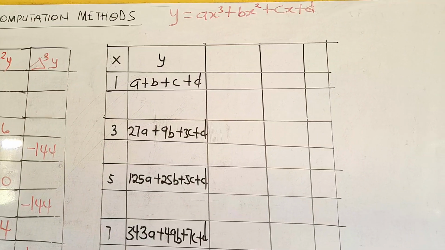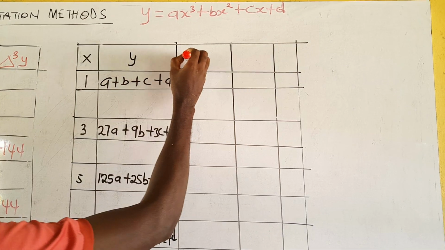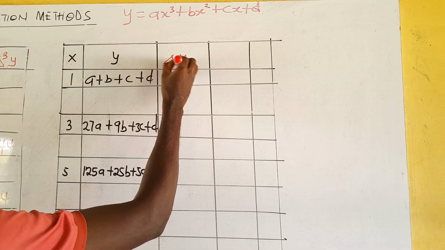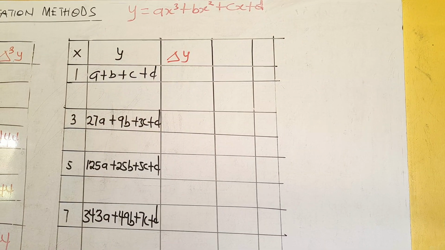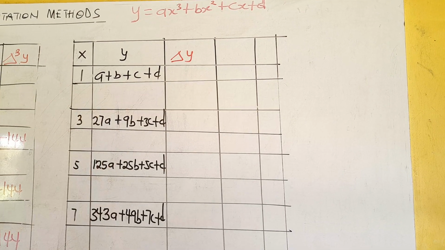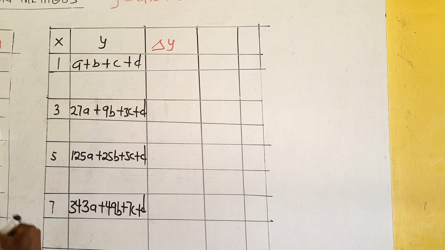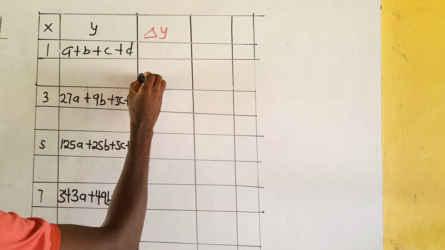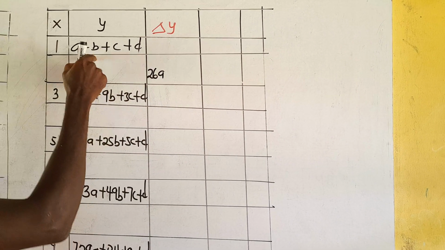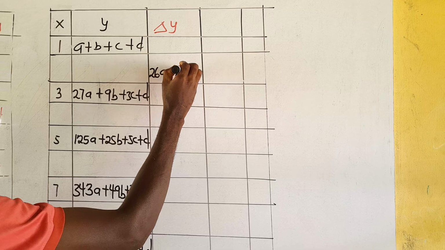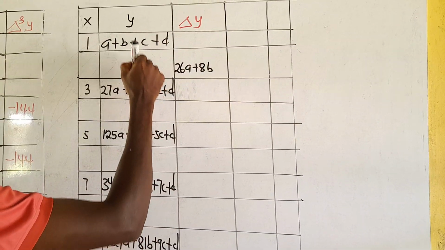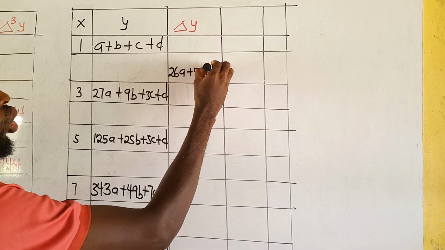So we substitute, so now we find our first difference, the first difference of y. We subtract all this from this. So 27a minus a, that will give us 26a. Then 9b minus b, that will be 8b. Then 3c minus c, that will be 2c.